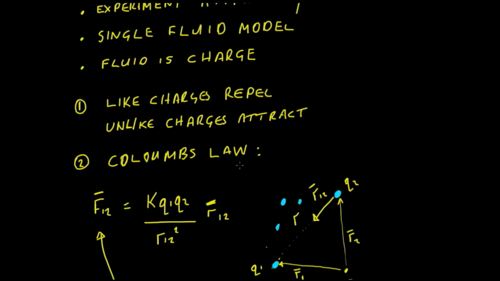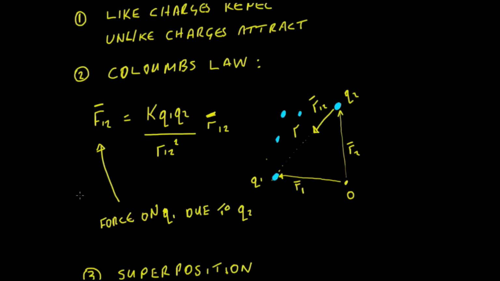You can work out the force of attraction or repulsion using Coulomb's law, and we've simply written Coulomb's law out here. That's really saying that there's a force, the force on 1 due to 2, where 1 is the charge Q1 and 2 is the charge Q2.